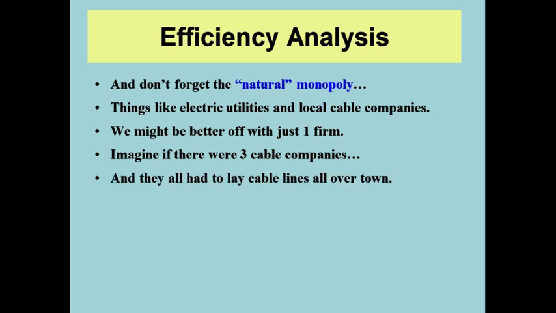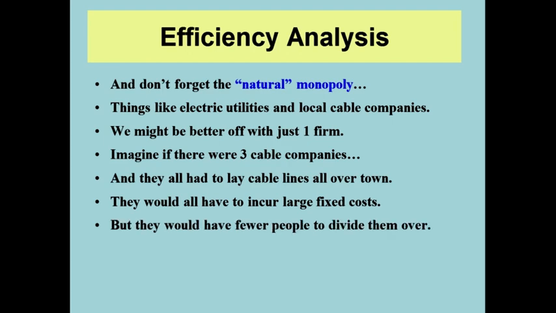Well, first, they'd all have to lay cable lines all over town. Three companies would be doing the exact same thing, laying the cables all over town, which means they'd all have to incur a very large fixed cost, right? The fixed cost associated with laying cables would be huge. But each of the cable companies has approximately a third of the market.